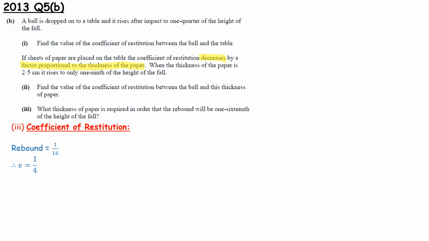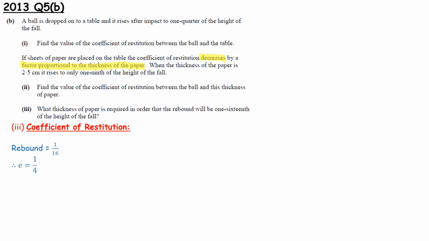We're trying to understand the thickness if the rebound will only be 1/16. What happens is, as the paper thickness increases, we get a decrease in the coefficient of restitution. So it means it doesn't go as high as it would. And that factor is proportional to the thickness of the paper.